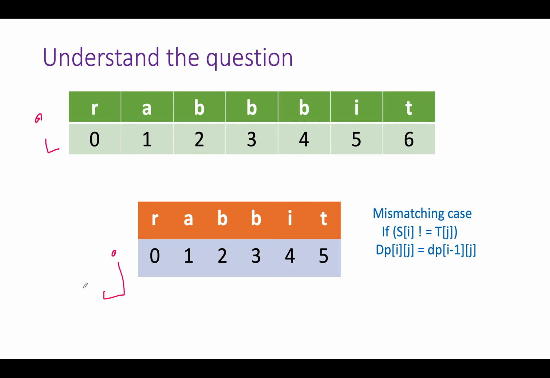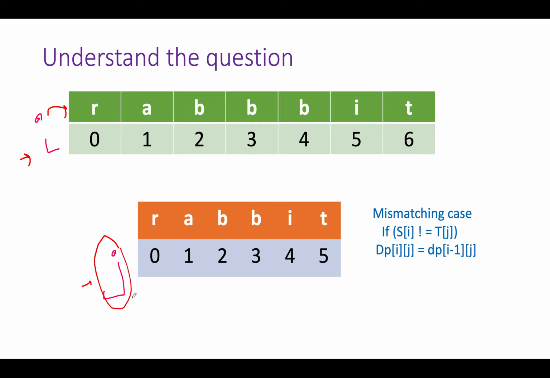So let's try and build our DP conditions. Let's talk about the mismatching case first. We'll be creating a DP array that will store our result for each character of index i in string s versus each character in string t signified by the index j. So let's take this case where there is a mismatching condition.